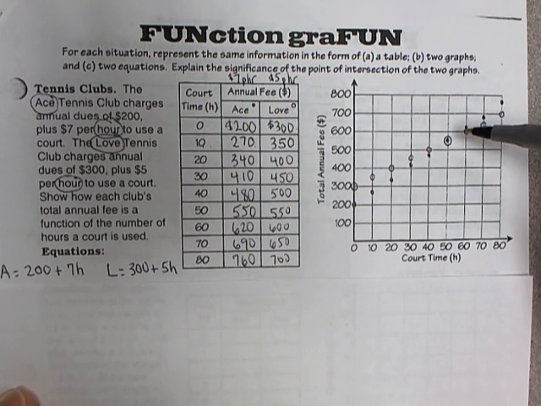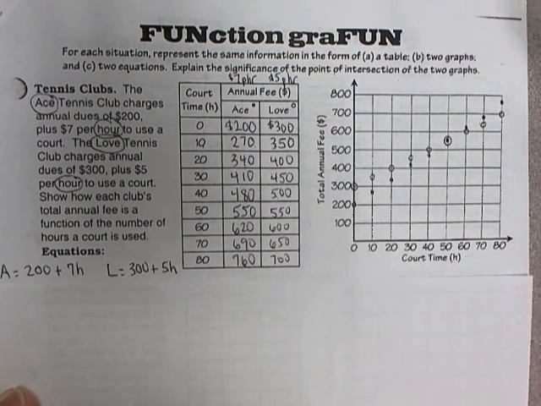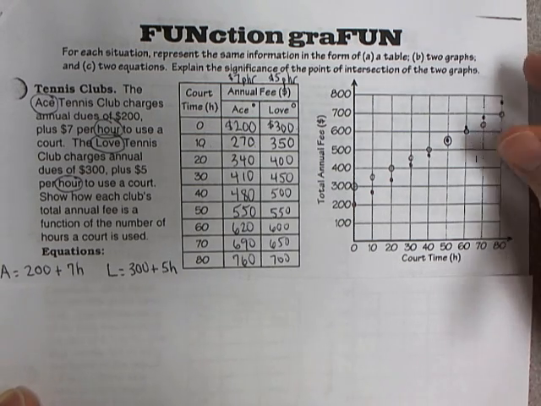Conversely, if you plan on signing up to a tennis club and using their courts for less than 50 hours, ACE is the better deal, because ACE has the less expensive annual membership fee.